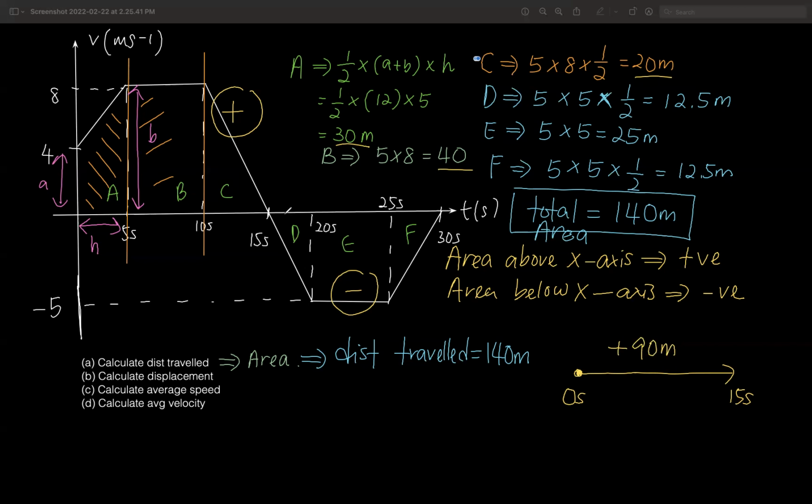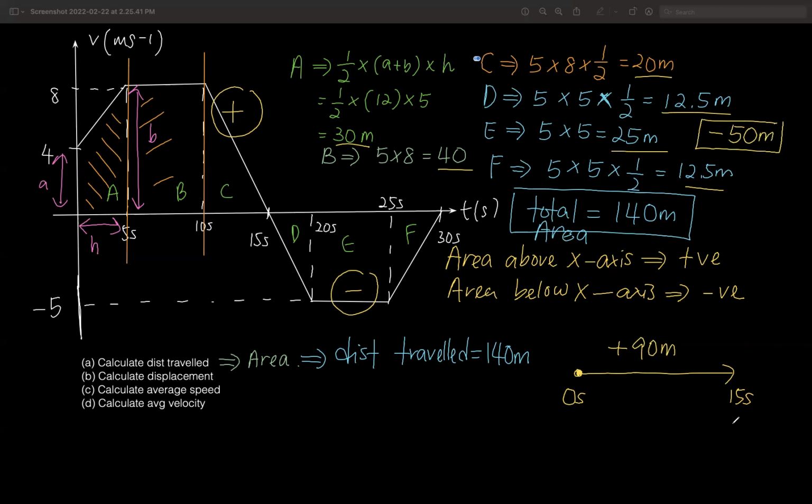And then what happened from 15 to 30 second, the graph under it is a negative displacement, right? So negative displacement, what is this total of? 25 and 25 is a 50. This is minus 50.